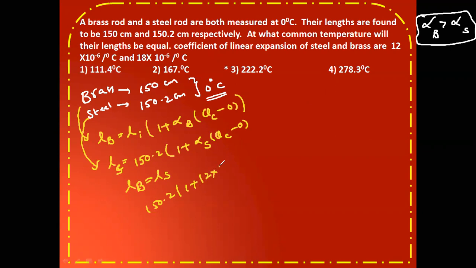So 150 into 1 plus 12 into 10 power minus 6 into theta c is equal to 150.2 into 1 plus 18 multiplied with 10 power minus 6 multiplied with theta c. So here the only unknown parameter is theta c.